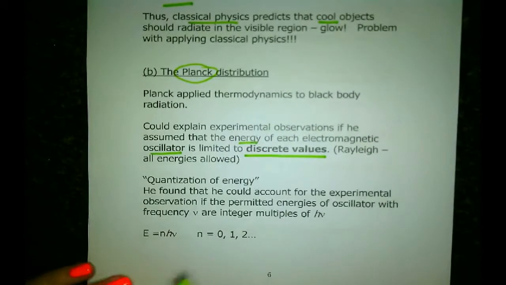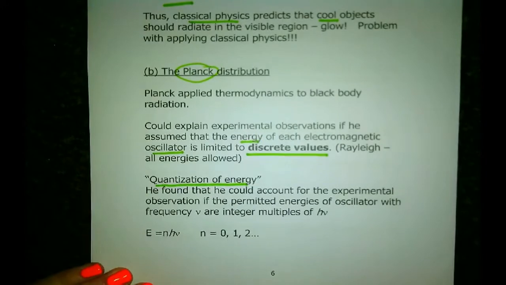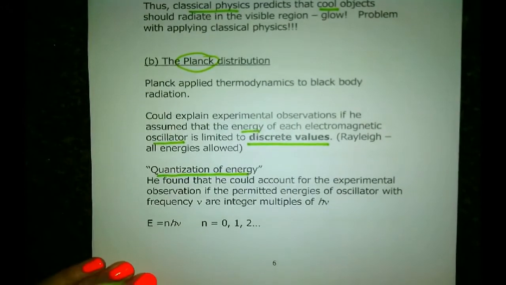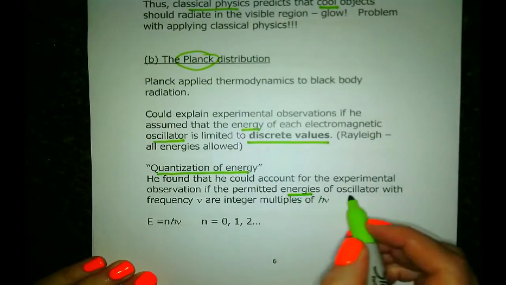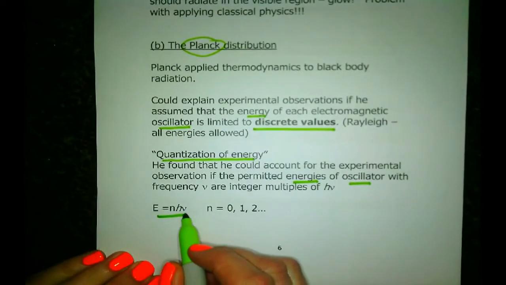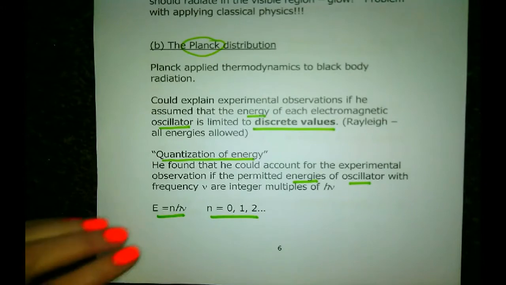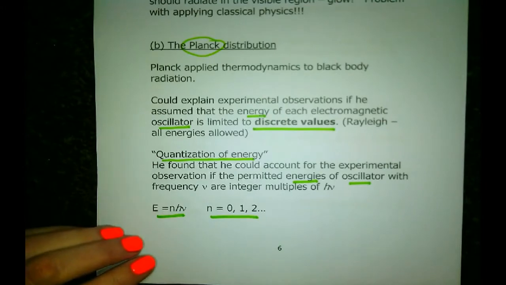And this was the introduction of the idea of quantization of energy. Specifically, if the energies of the oscillators took on the values n times h times nu, where nu is the frequency, with n equal to 0, 1, 2, then you could reproduce this experimental curve that we saw in the beginning.